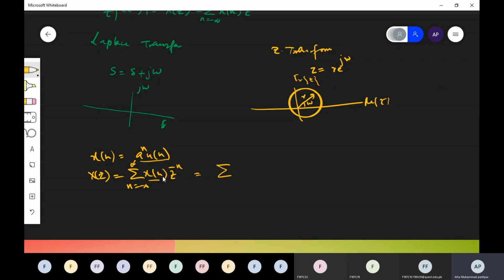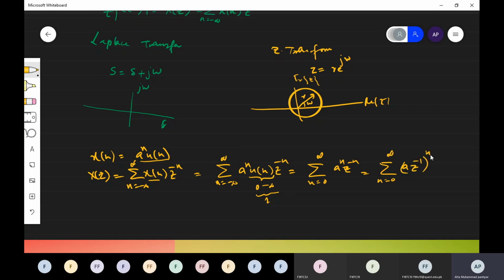So we put the value of x of n into the equation. What we get is the sum of a power n u of n z power minus n, right? And we talked about u of n that it exists from 0 to infinity and its amplitude is 1, right? So we can rewrite it as the sum from n equals 0 to infinity of a power n z power minus n, and we can rewrite it as the sum of a z inverse whole power n, right?